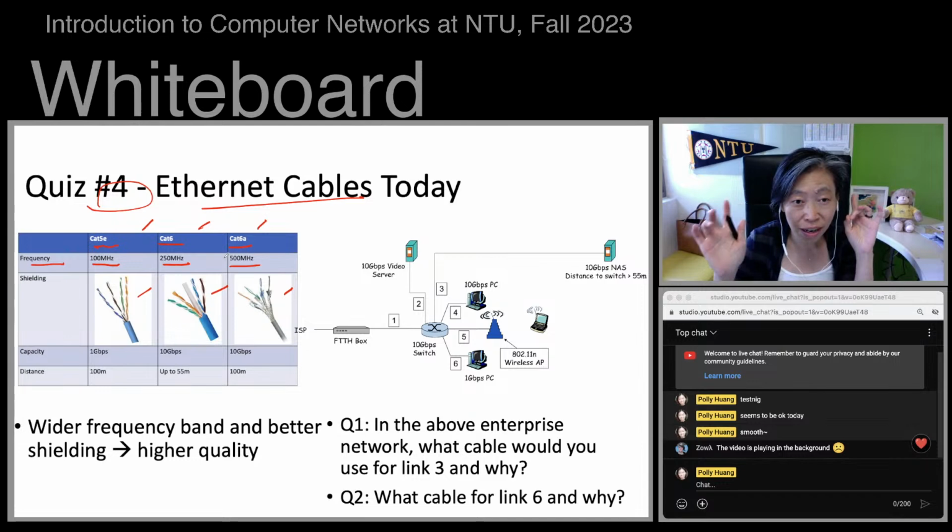I recall ADSL and cable. So essentially what we're doing are modulating 0 or 1s onto these electromagnetic waves. Higher frequency or wider frequency band usually allow you to send more bits per second. And as a result, you see the capacity of these 3 generations of cable increase, right? From 1 gig to 10.